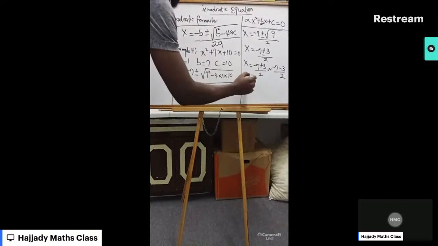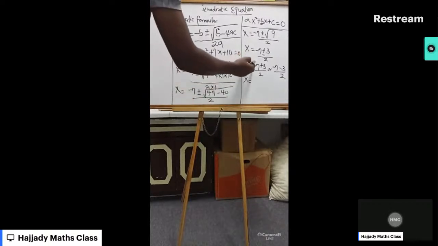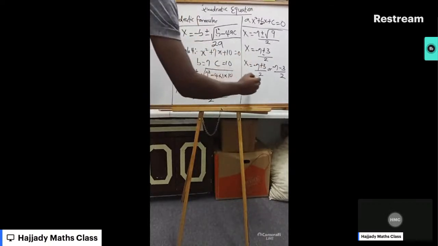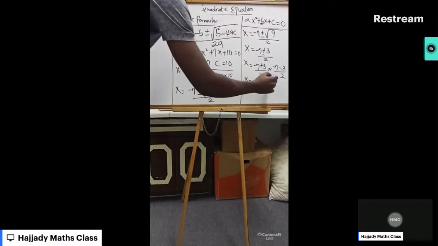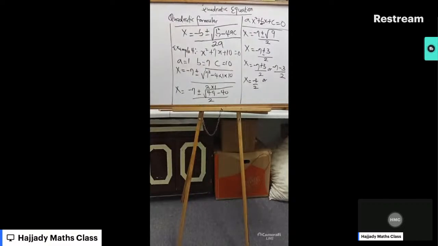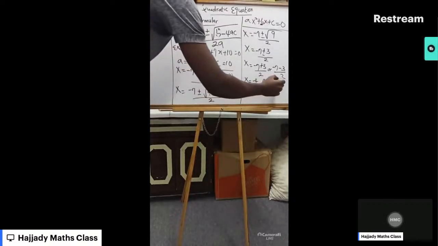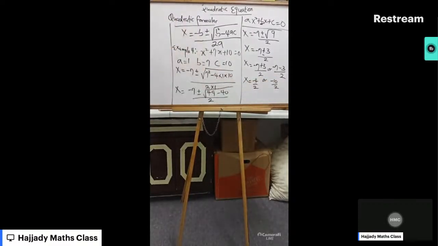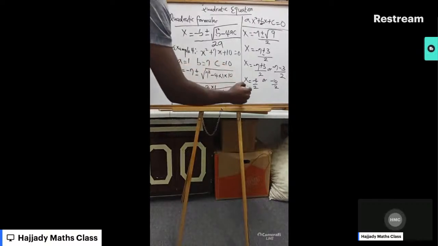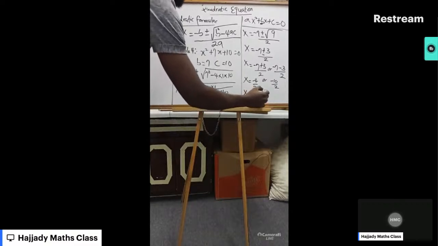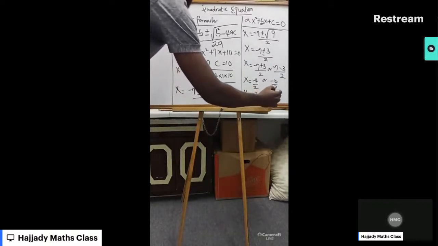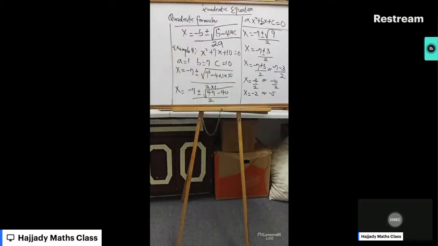So here, my x equals negative 7 plus 3, which is negative 4 over 2, or negative 7 minus 3, which is negative 10 over 2. So my x equals negative 4 over 2, which is negative 2, or negative 5.